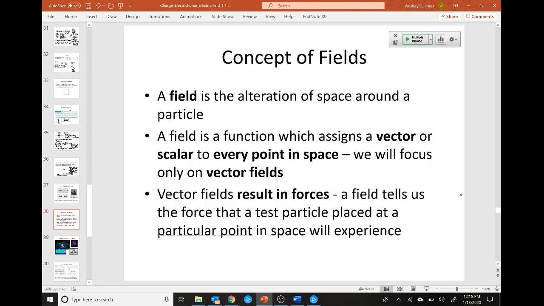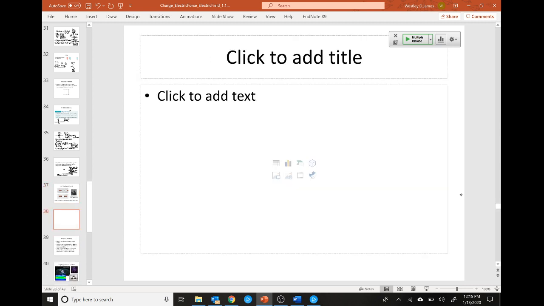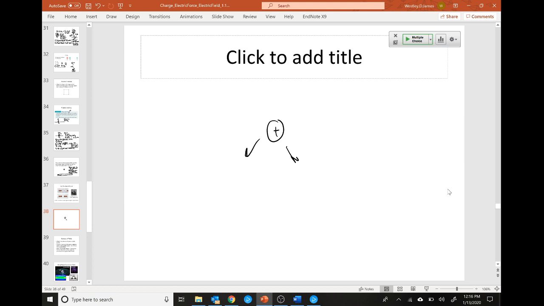He says, well, charges make an electric field, and it is the electric field which is causing the force in something else. So a positive charge makes an electric field. Now, again, I'm going to talk about this more, but I'll tell you an electric field points everywhere away. For a positive charge, it points away from it at every point. So basically what we can say is, imagine this point here.